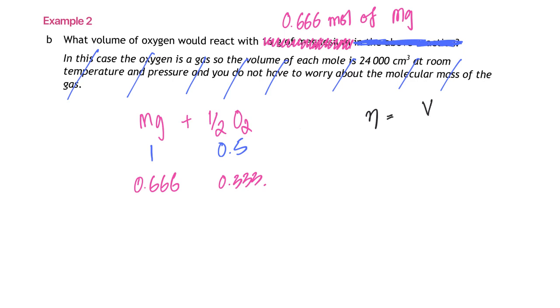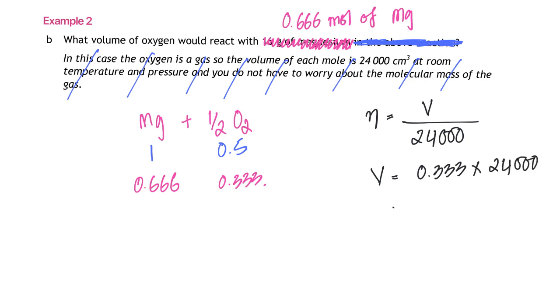Or if I want to find out the volume, I can rearrange the equation. ठीक है? And I'll start plugging things in to find out the volume. So it's just moles 0.333 times 24,000. And this will come out to about 7992 centimeter cube.